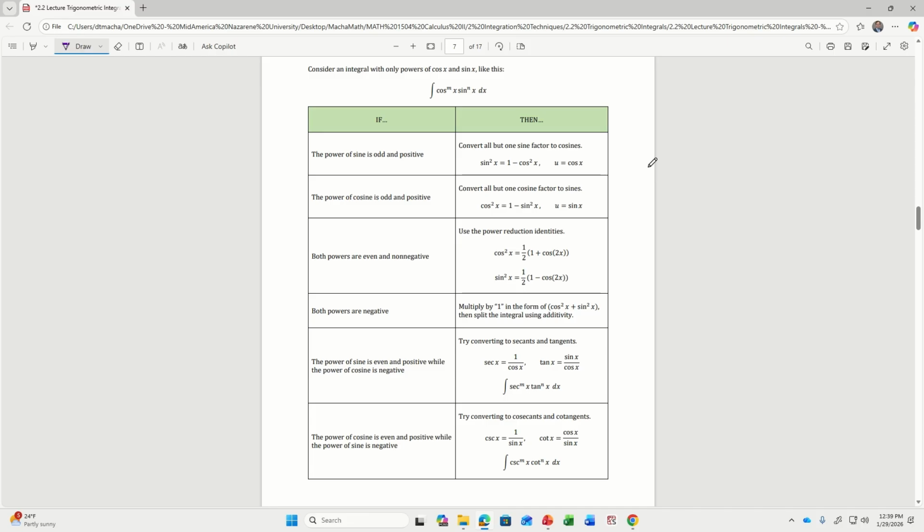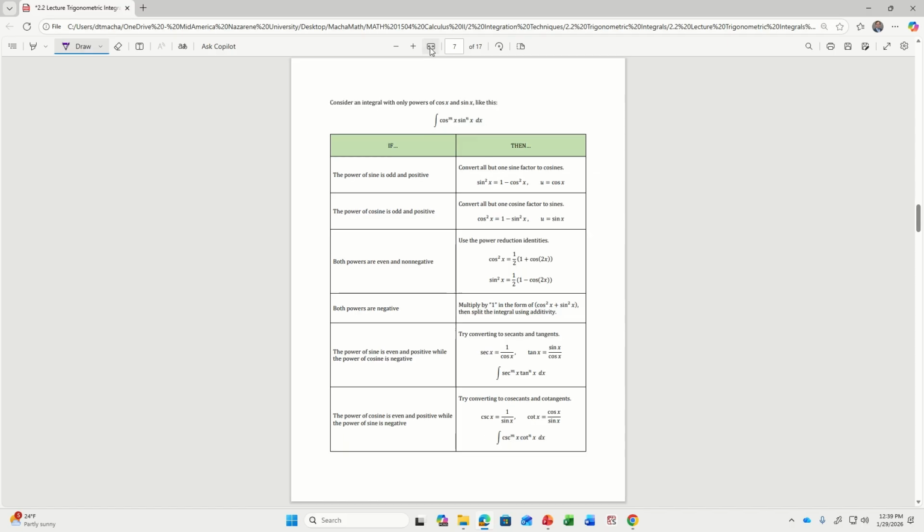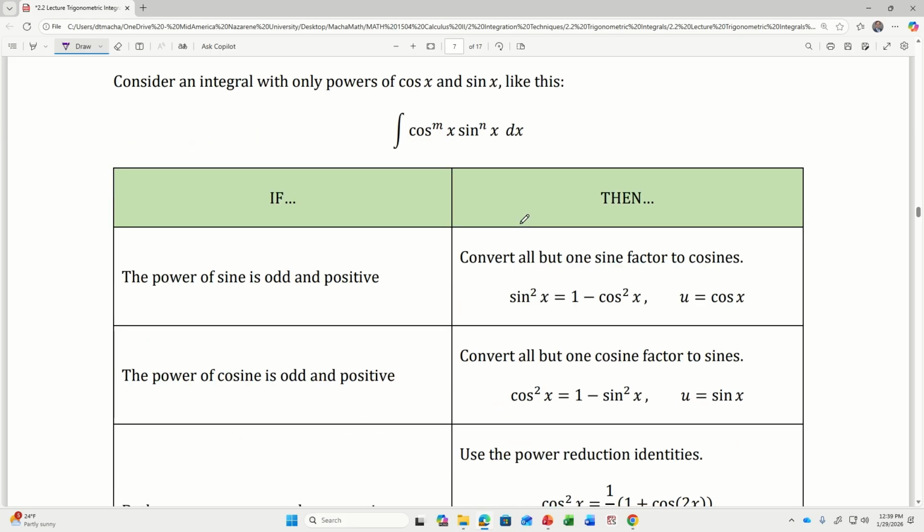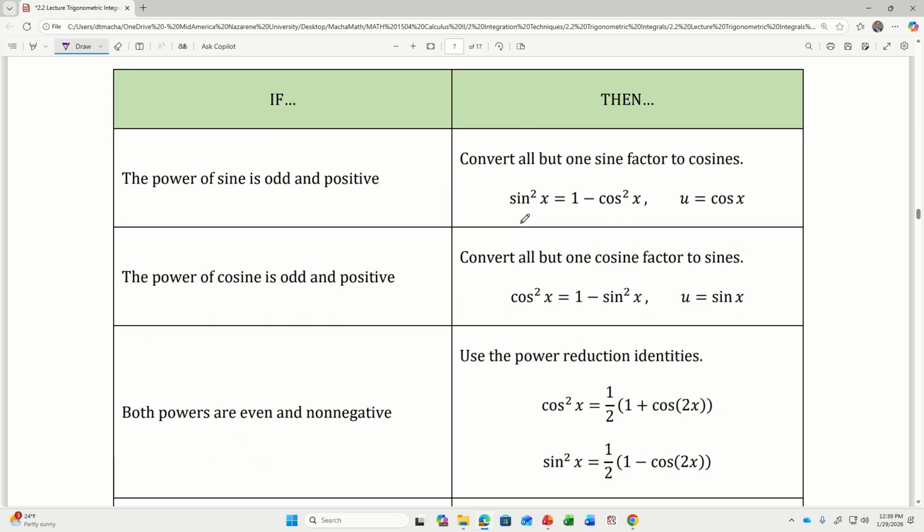And if it doesn't work out, just erase it and start over and try something else. That strategy works 99% of the time, right? You don't have to always know exactly what to do first. It's okay if you mess up and you try again.